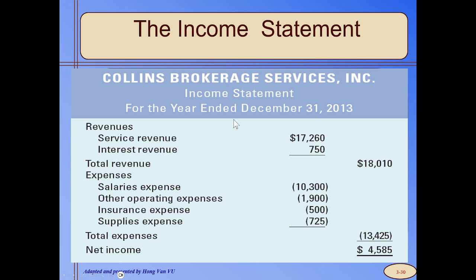So here is the income statement for 2013. We have the company name, the income statement for the year ended December. We have total revenue from two kinds, service revenue and interest revenue, and expenses, and we have a net income.